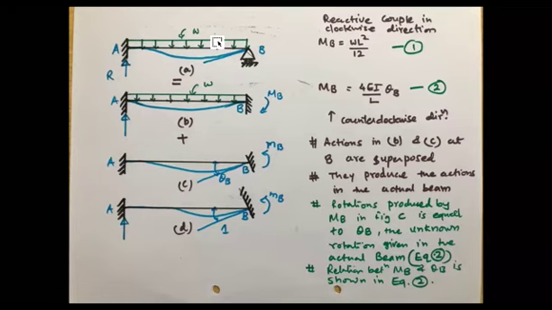And the first step of the analysis, we have to make the structure kinematically determinate by introducing the support to make that kinematic variable 0.